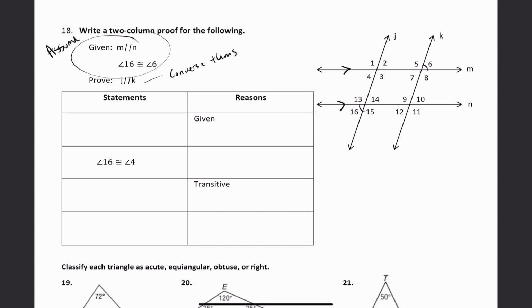I know that angle 16 and angle 6 are congruent, and my goal here is to prove that J is parallel to K. Okay, and I can see that 6 is part of K. If I have parallel lines cut by a transversal, 16 is over here, and it's part of this transversal, but 6 is not part of this transversal, so this is going to be very interesting. I can't use that, so I really think I need to make some sort of play, okay?